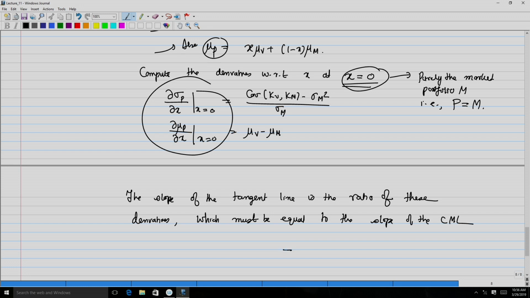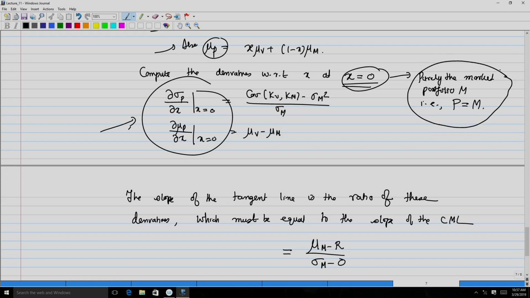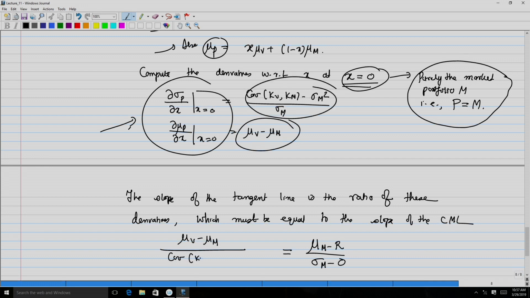What is the slope of the CML? Recall that the slope of the CML was mu m minus r over sigma m minus 0, and this must be the same as the slope of this tangent line evaluated at x equal to 0. The reason being that I have already mentioned that at x equal to 0 we will have just a market portfolio. So, then this will become mu v minus mu m divided by covariance of k v k m minus sigma m square divided by sigma m.